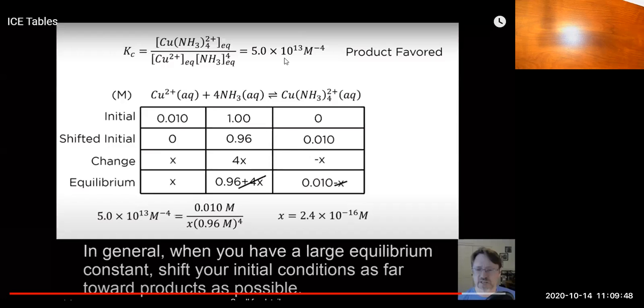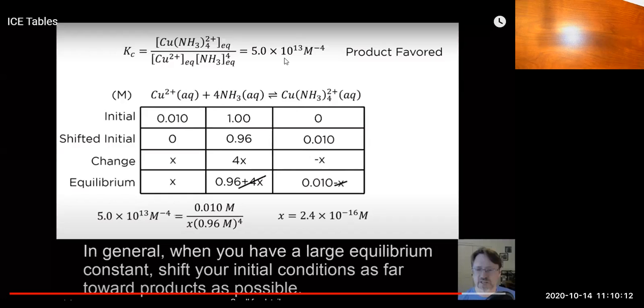So it's a question of looking at the equilibrium constant itself to figure out where you think the equilibrium is going to be. Do a shift of your initial conditions so that you're starting as close to equilibrium as you think you can, and then try out, is the assumption going to be okay or not?